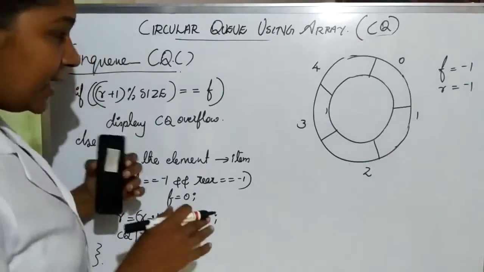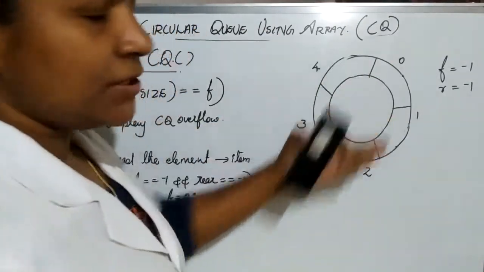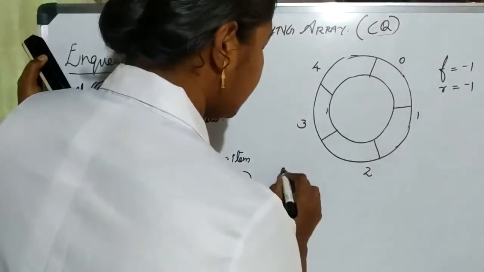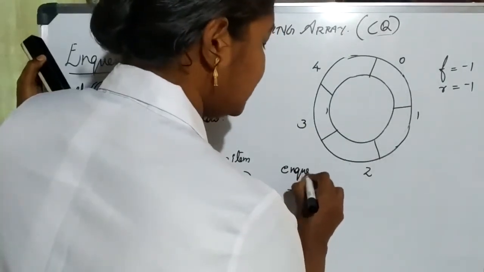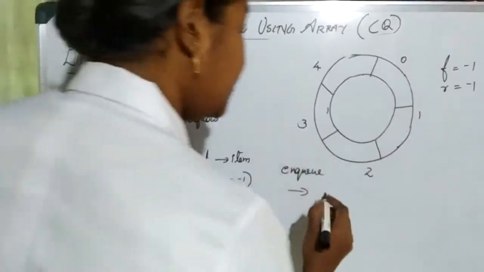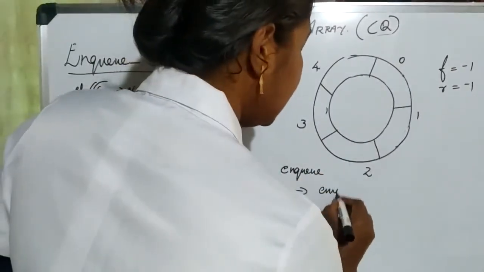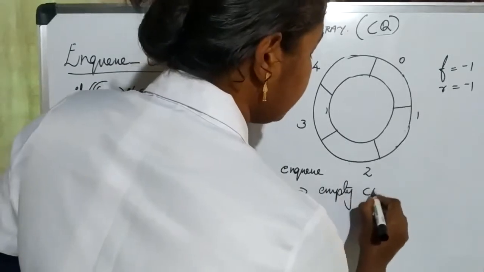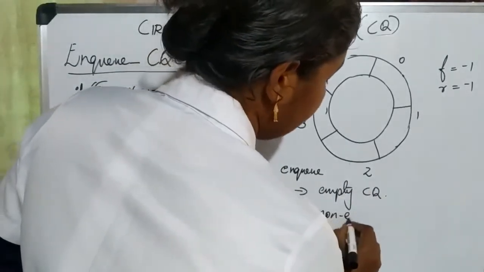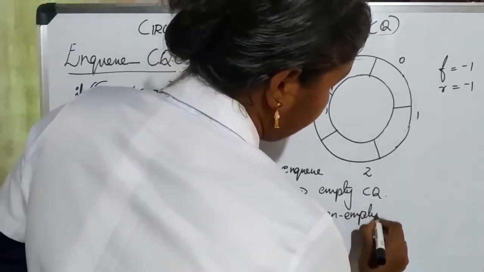So whenever we are about to perform an NQ operation into our circular queue, there are two cases: insertion, or NQ. Let's use the same technical term for insertion, NQ, into an empty CQ and into a non-empty CQ.